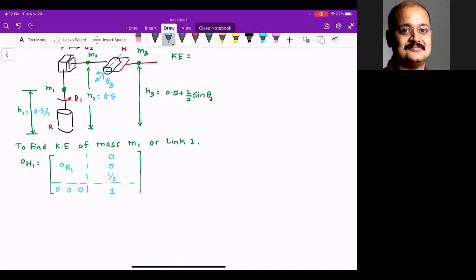Now please note, this is 0h1, my 0th frame, and I'm assuming you drew your frame like this. And my second frame, it's somewhere over here. So this is my first frame, this is my 0th frame. So the distance from 0th frame to M1, and we have to be in the consistent coordinate system.